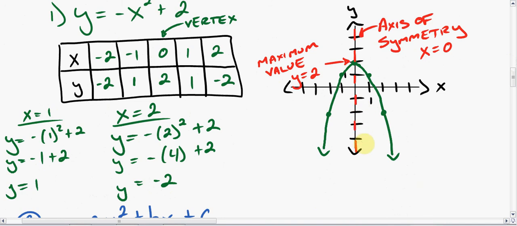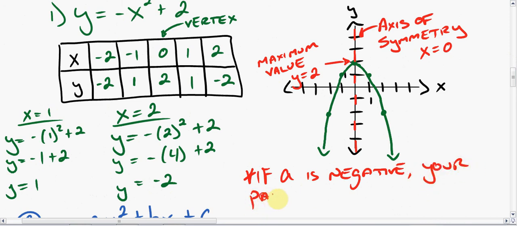So just as we labeled up in the previous problem, I said if a is positive, the parabola opens up. In this case, we see our a is negative, so I will write if a is negative, your parabola opens down.